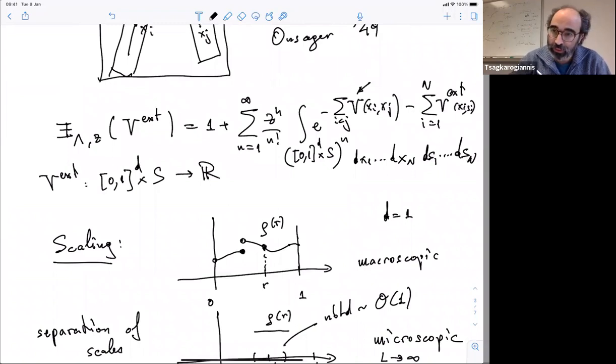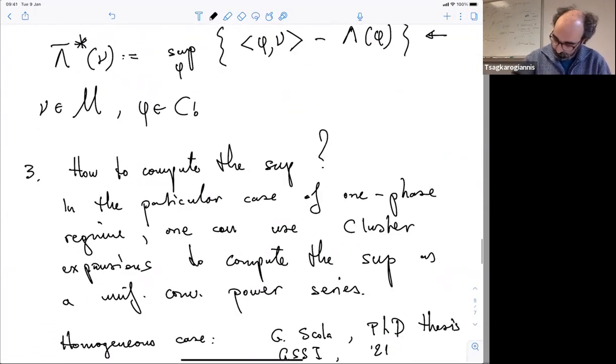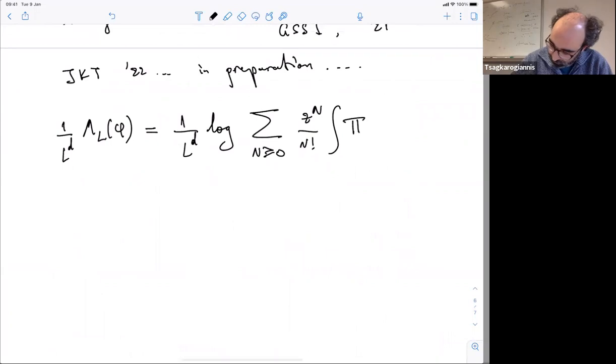So the trick of the cluster expansion, which goes back to Mayer in the 1940s, is you bring the sum as a product in front, and you add and subtract 1, e to the minus b_ij.